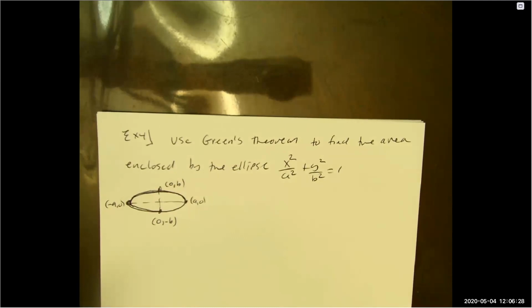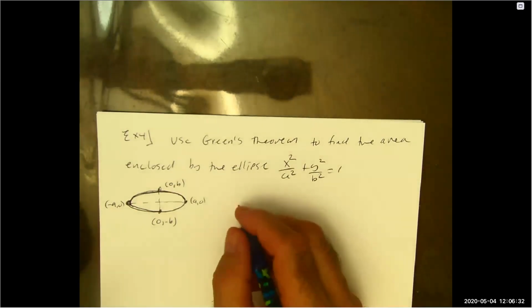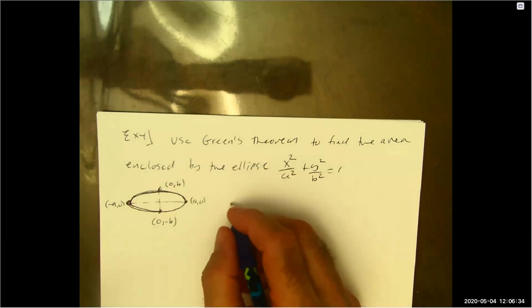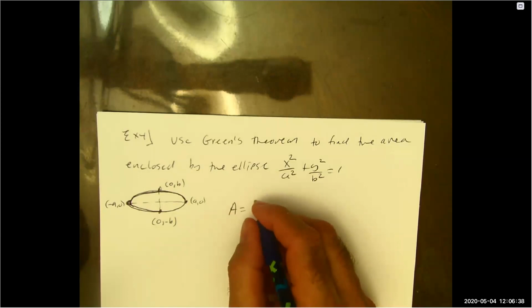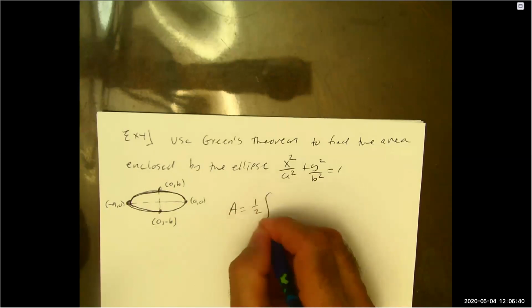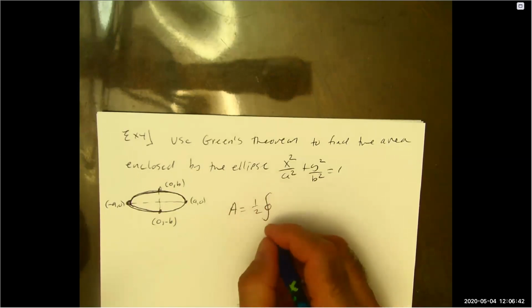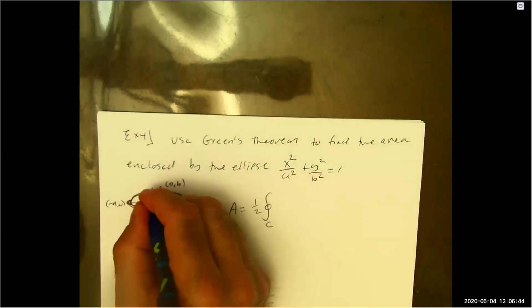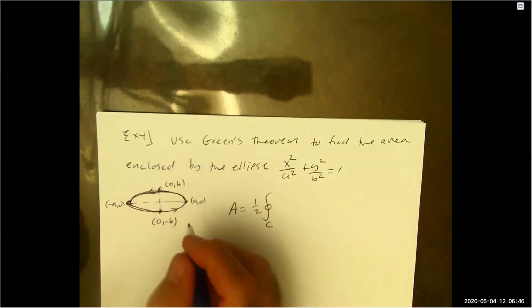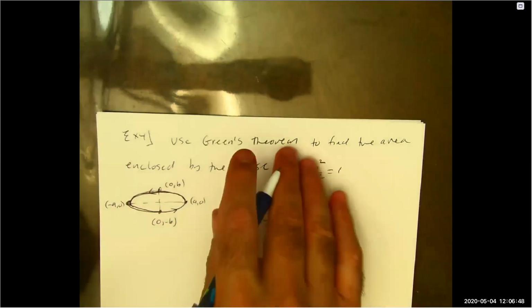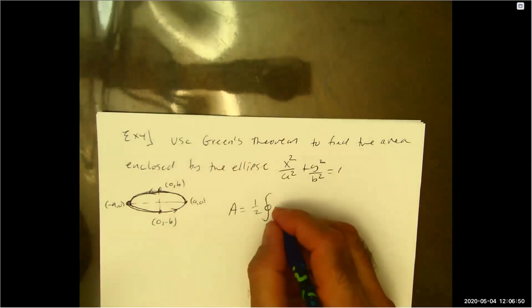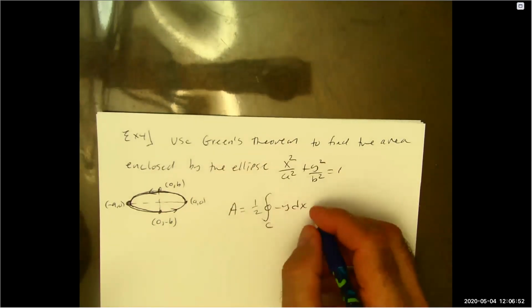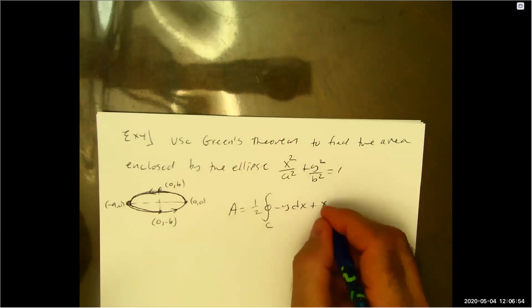All right, so what we have is that the area is going to be equal to 1/2 this line integral over C. And so we have to have a counterclockwise rotation around that. And then we're going to have minus y dx plus x dy.